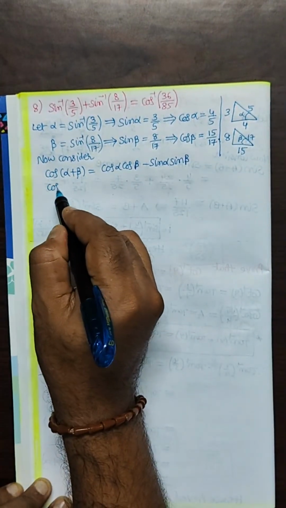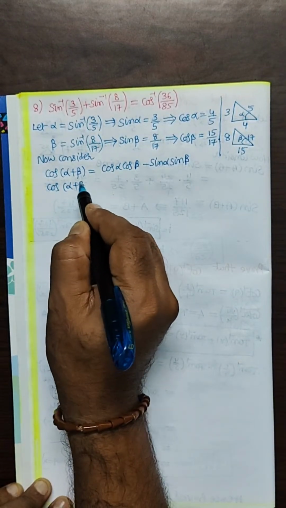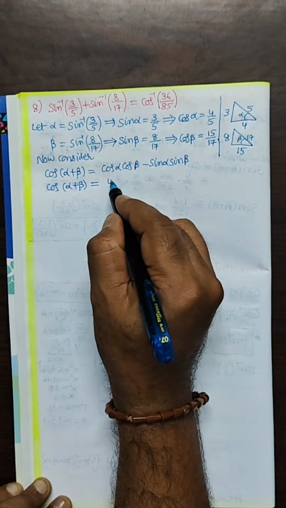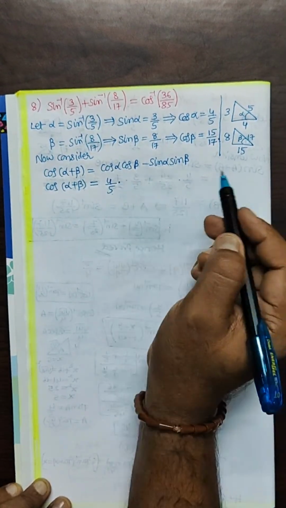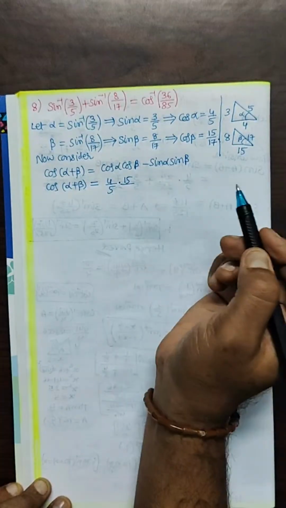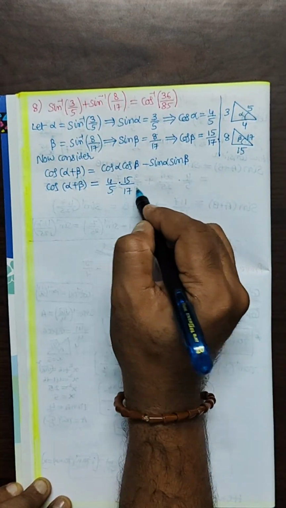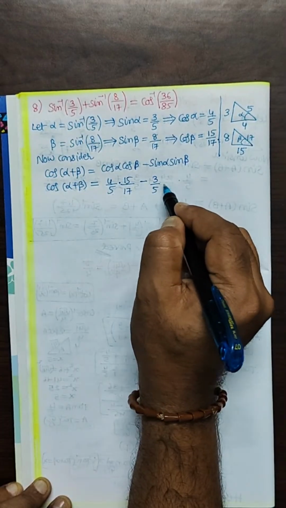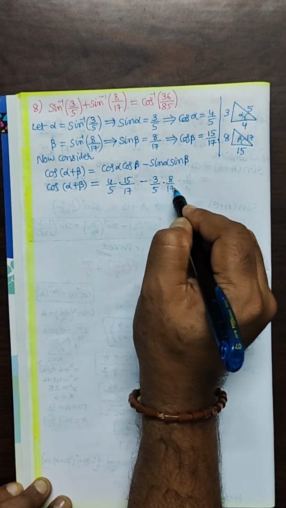So cos alpha cos beta means 4 by 5 into 15 divided by 17 minus sin alpha sin beta, so 3 by 5 into 8 by 17.